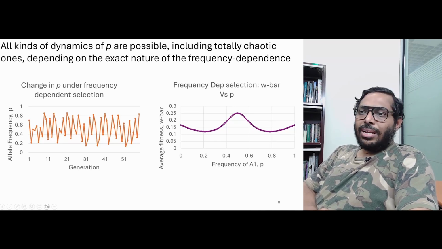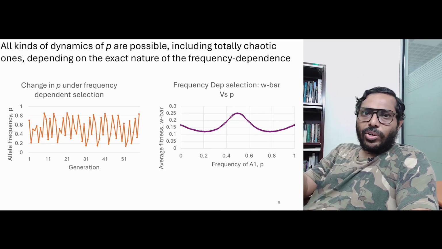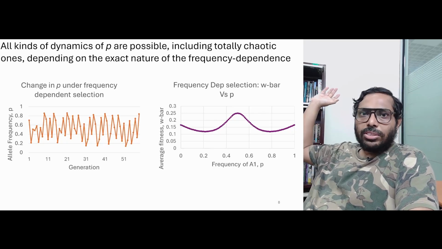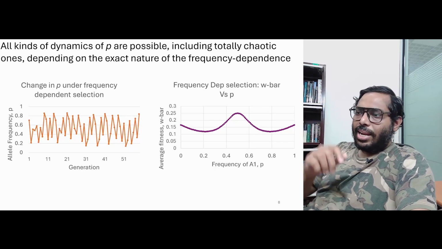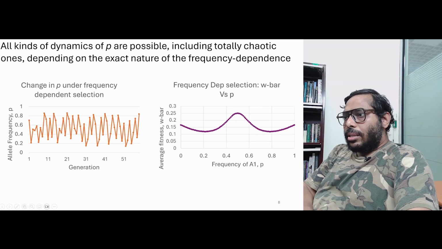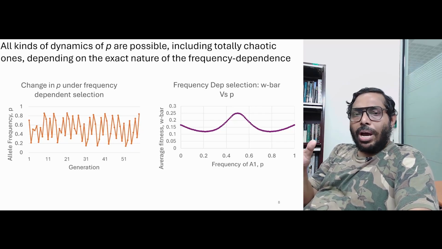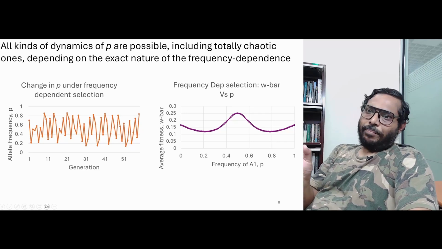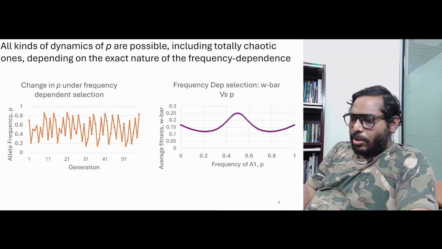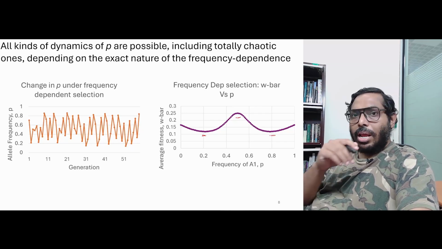As you can see, it is not settling down, and it is not that this is a transient phase or anything. I can simulate it for thousands of generations. It will always oscillate, very chaotically like this. And if you look at the corresponding figure for the W bar versus P graph, you can see that it is a very complicated figure. You can straight away see that you have one minima over here, another minima over here, one maxima over here, and so on.